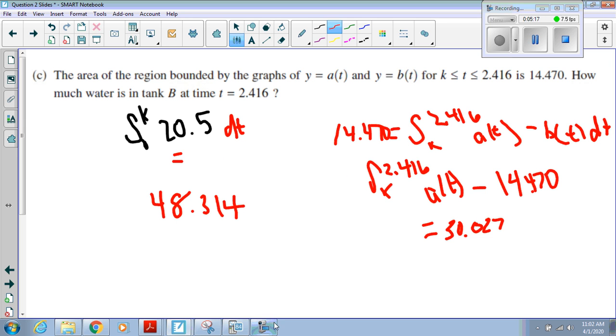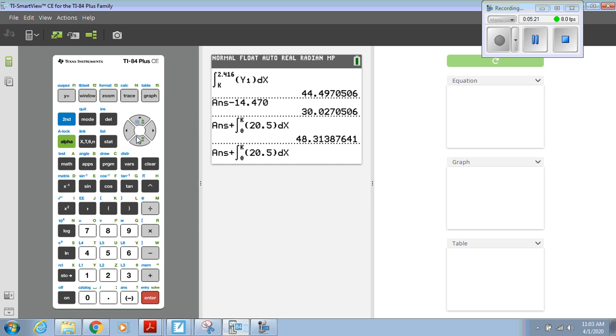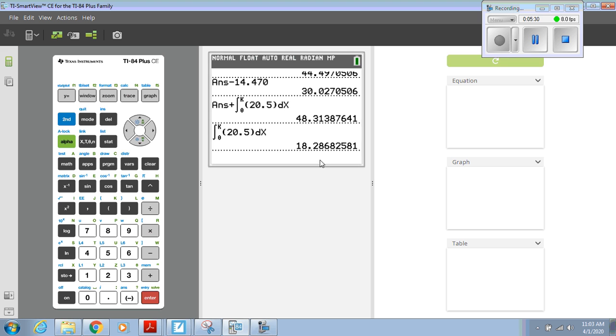And this answer I didn't actually get on its own, but we can easily get that answer on its own if we want to write it into our solutions to show our work: 18.286.